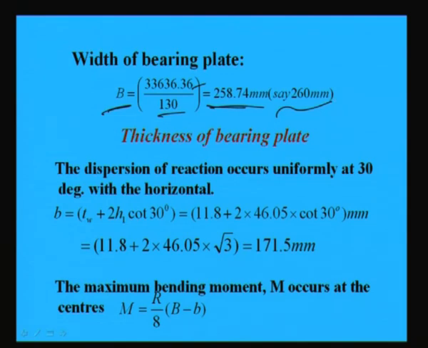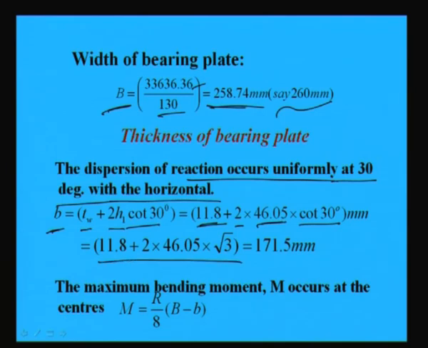Now, the dispersion of reaction occurs uniformly at 30 degrees with the horizontal. So we can find this B value, which will be TW plus 2H1 cot 30. The value of TW is 11.8 plus 2 into H1, which is 46.05, cot 30. If we put those values, we find B as 171.5 millimeter.